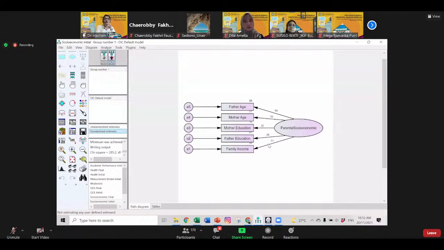Sometimes you have to consider eliminating, for every latent variable, every measurement variable if its factor loading is below 0.7. Some people say no, the criterion is 0.5, right? It's up to you and your supervisor. If you want more accuracy in your data analysis, you go for 0.7.